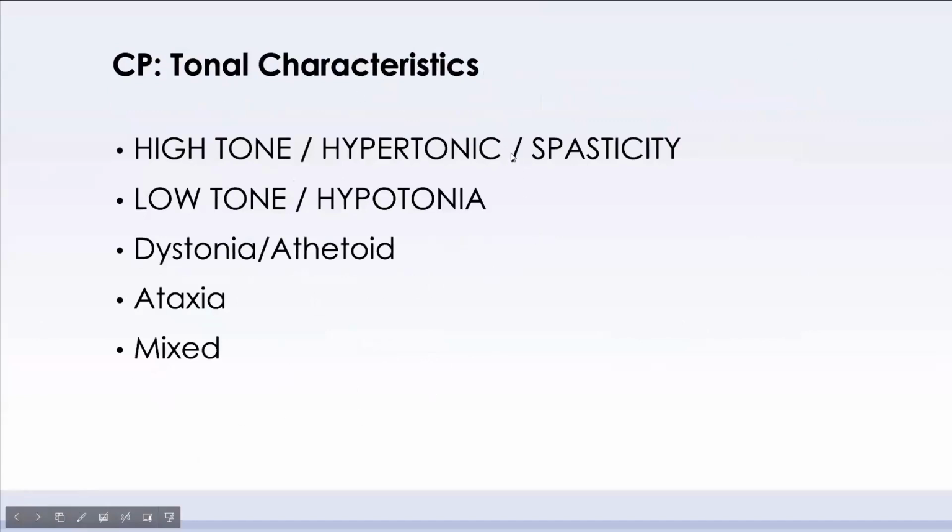So these are the different tonal characteristics. When we break into our breakout rooms, we'll have a group that has hypertonicity, where you're going to form a patient case scenario, one with hypotonicity, and then we'll have an ataxic group. Okay. If you're overwhelmed or have any questions, you can call me in your room. But the same type of presentation or interventions that you used for your patients who have CVA is what you're going to be doing here with these patients.